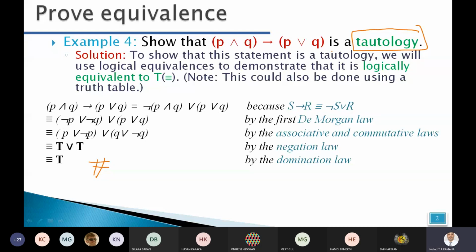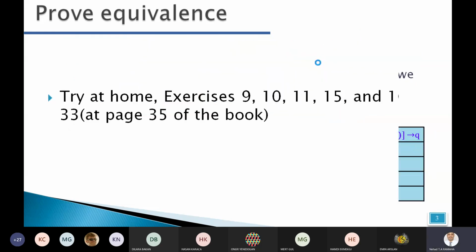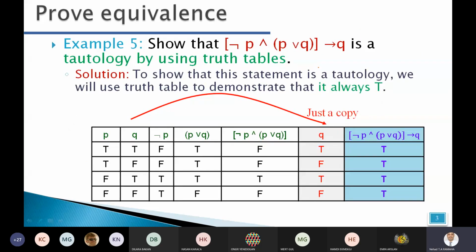Okay, another example, the last example. Sorry, I know maybe I am taking a few minutes more than our time. So just this last example, it's a very quick example. This example shows that this proposition is a tautology using a truth table.